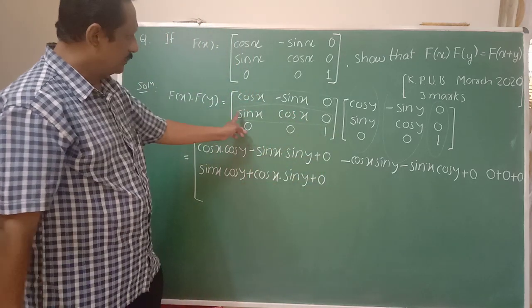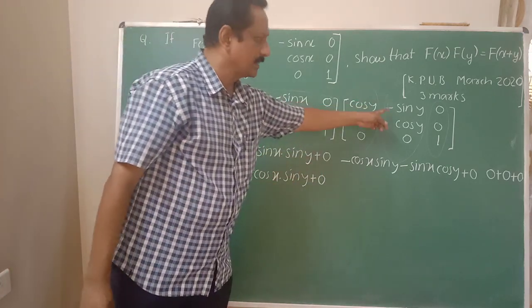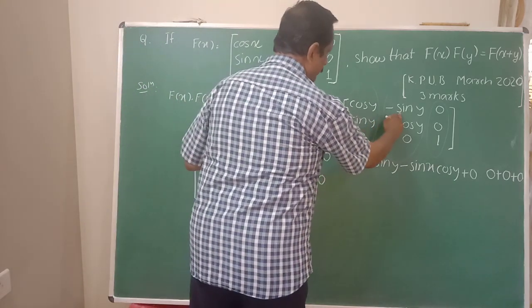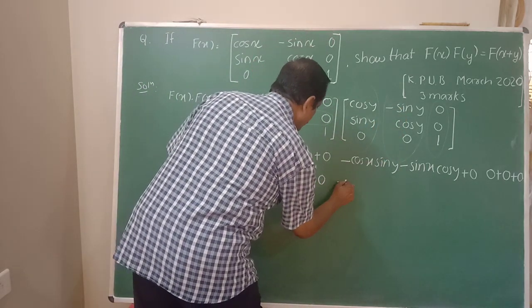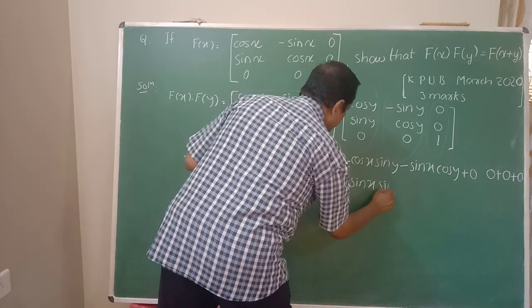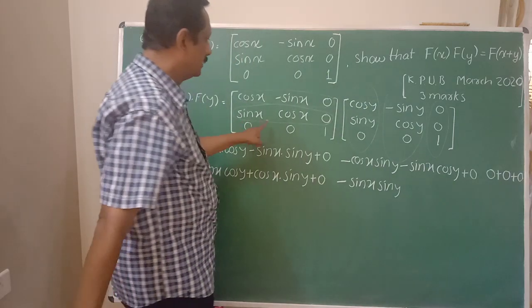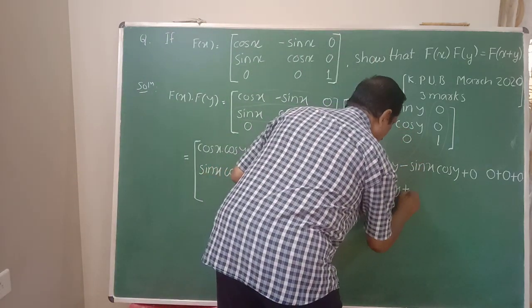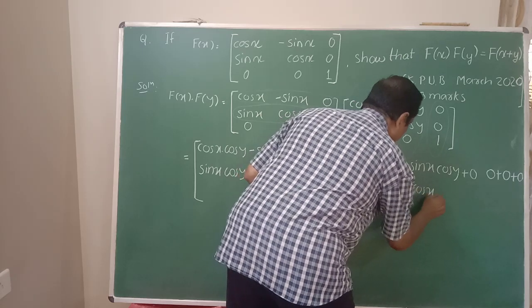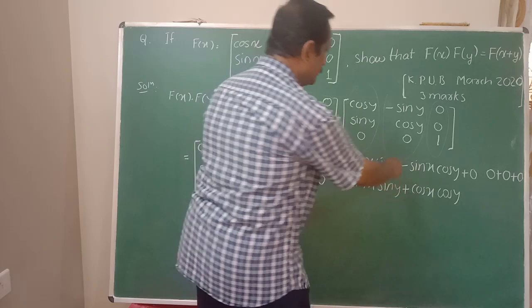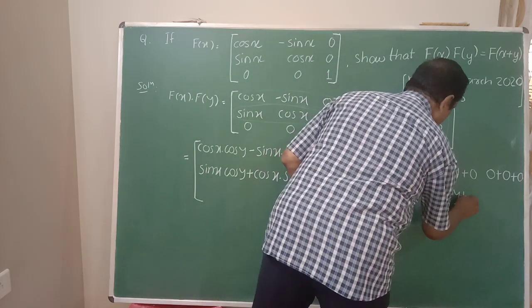Now take this second row with the second column here. Sin x into minus sin y, minus of sin x sin y. Then cos x into cos y, so middle plus sign here, cos x into cos y. Then 0 into 0 becomes 0, so right here plus 0.